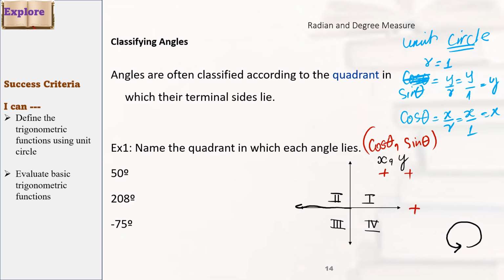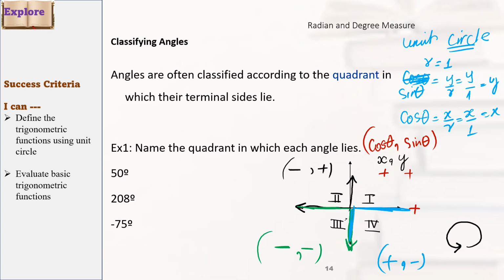In the second quadrant, x is negative and y is positive. What is happening in the third quadrant? In the third quadrant, x is negative and y is also negative. Now, what is happening in the fourth quadrant? In the fourth quadrant, my x is positive and my y is negative.